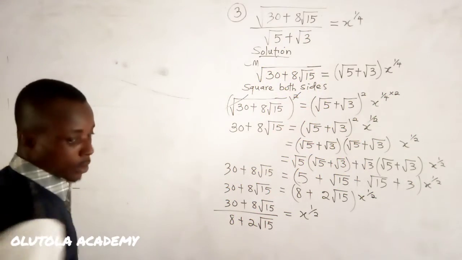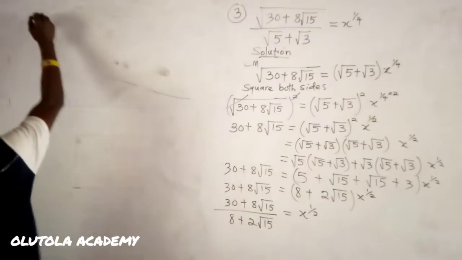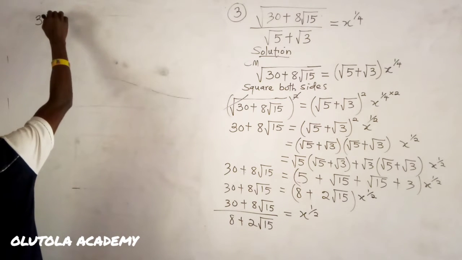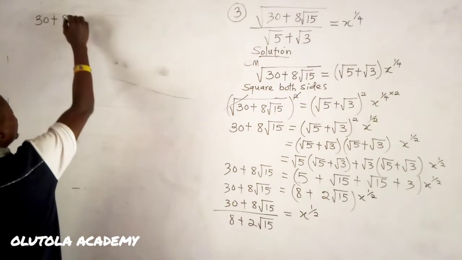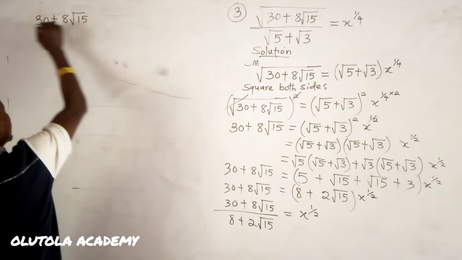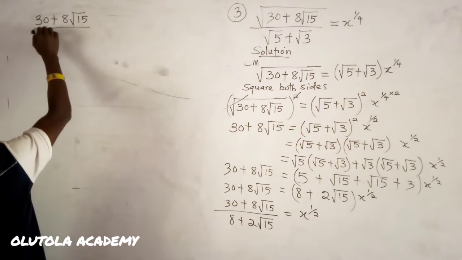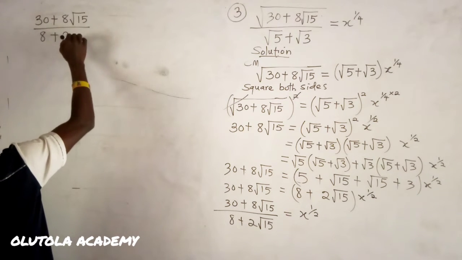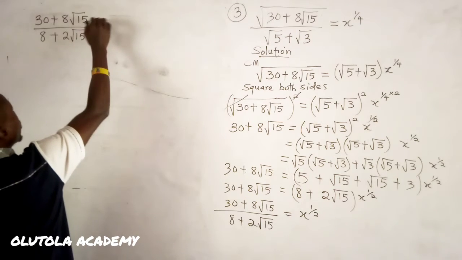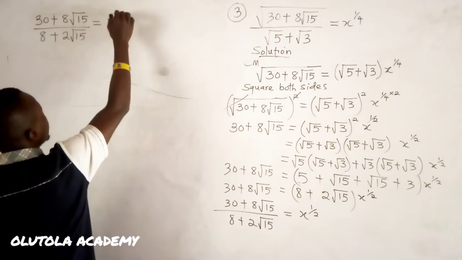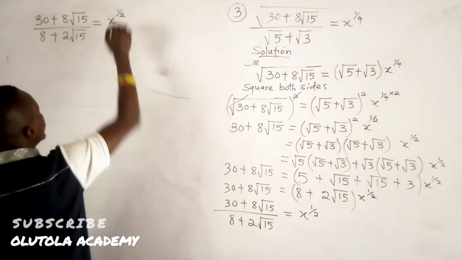So we have (30 + 8√15) / (8 + 2√15) = x^(1/2).